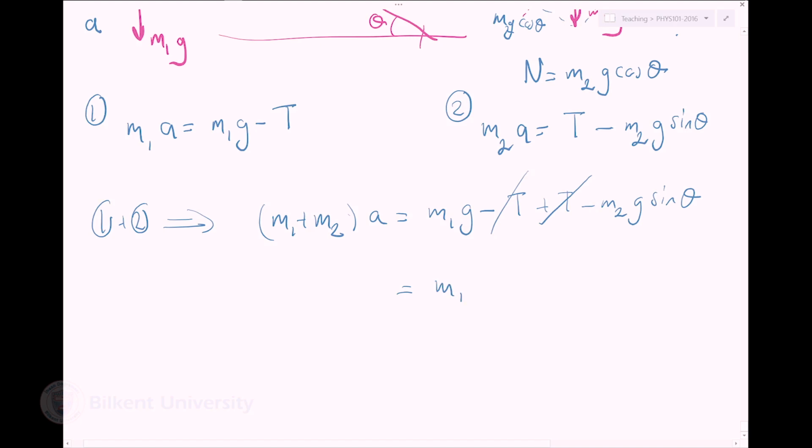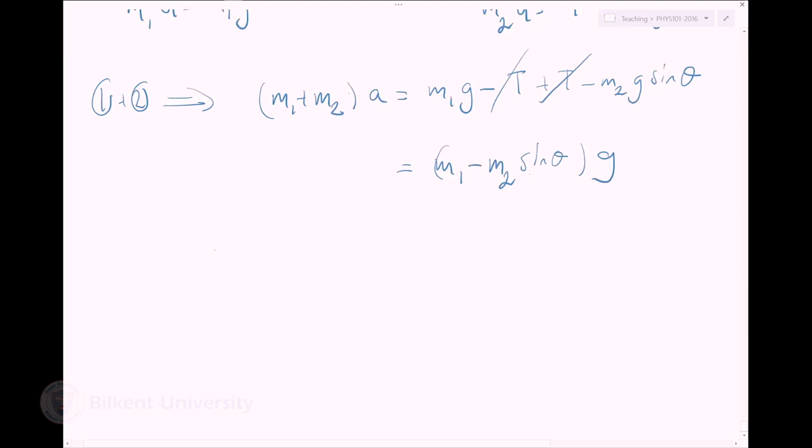So it's going to be m1 minus m2 sine theta times g. So a is m1 minus m2 sine theta, divided by m1 plus m2, times g.